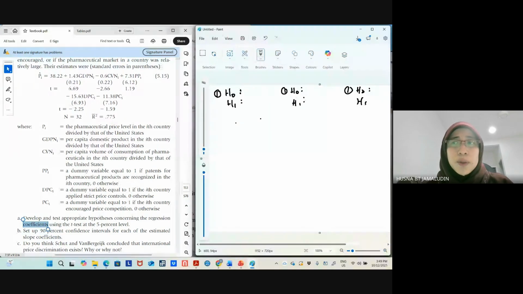You can have H1, you can have HA, both are the same. So you want to test for each of the independent variables. You can put beta 1 or you can put beta GDPN, so it's up to you. I will put beta 1 to make my life easy. And then for the second one, I put beta 2. I want to test beta 3.